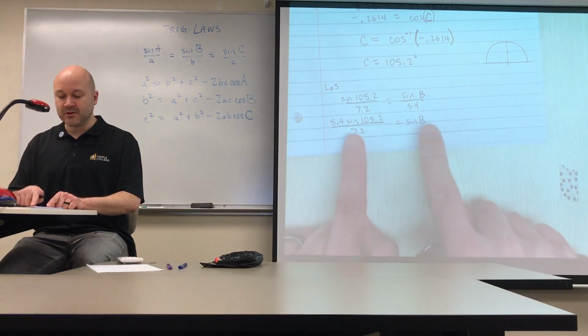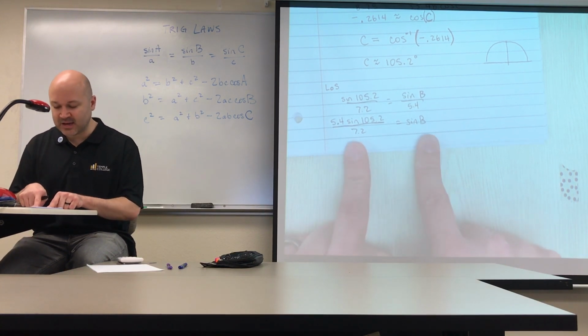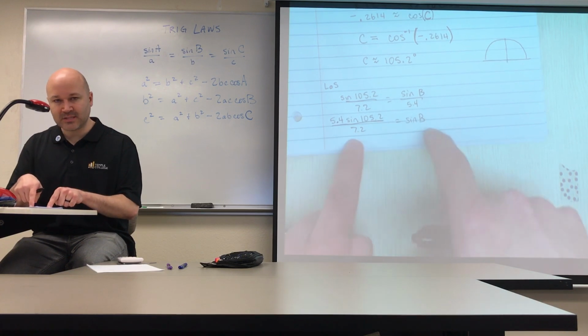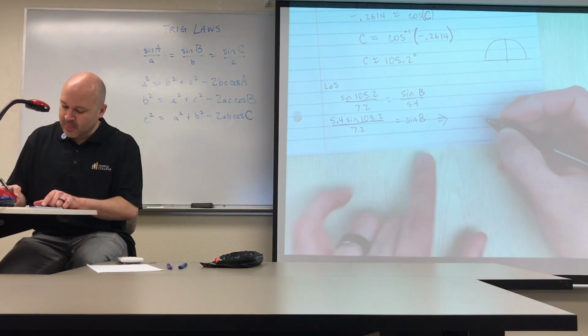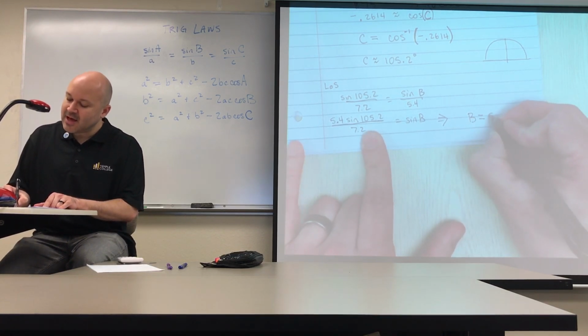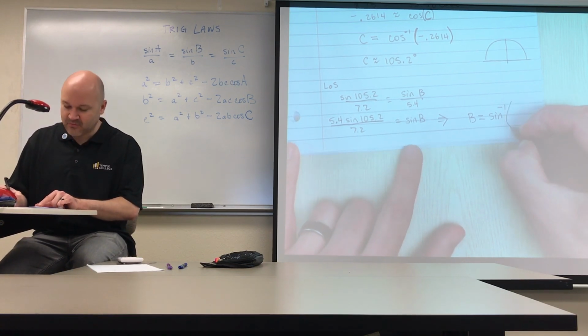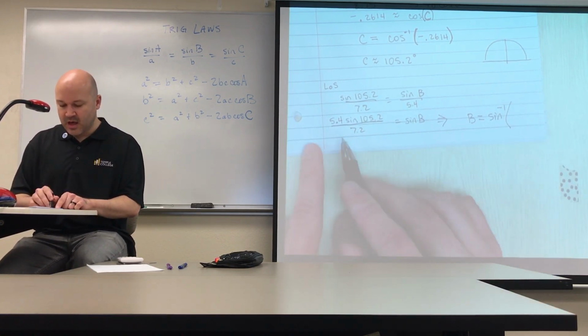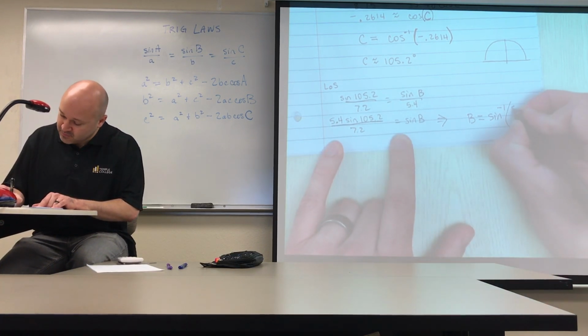So what I need to do here is introduce arc sine or inverse sine and take these two inputs and outputs and interchange them. So I'll have B is equal to arc sine of all that mess. I could probably reduce those there even, but I'm just going to leave it alone.